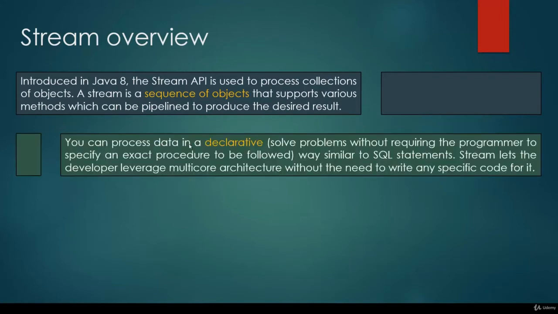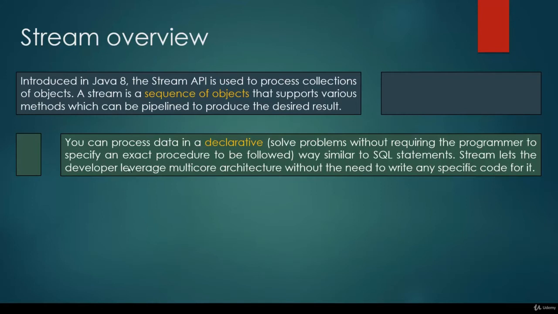You can process data in a so-called declarative way, very similar to SQL statements. So what is this declarative way? It means that we can solve problems without requiring the programmer to specify an exact procedure to be followed. Streams let the developer leverage multi-core architecture without the need to write any specific code.